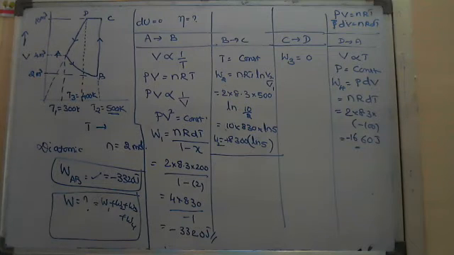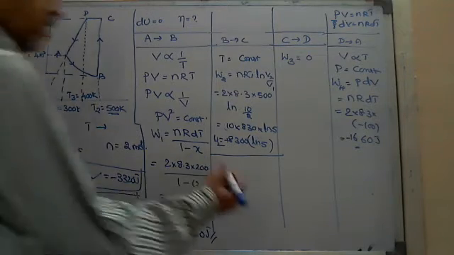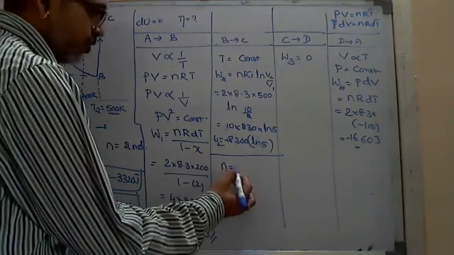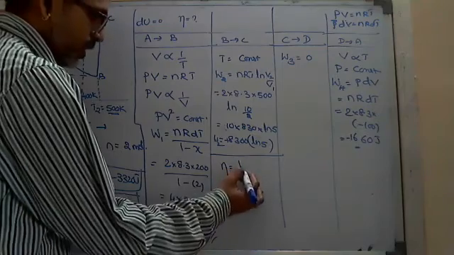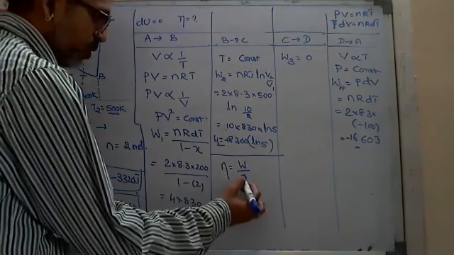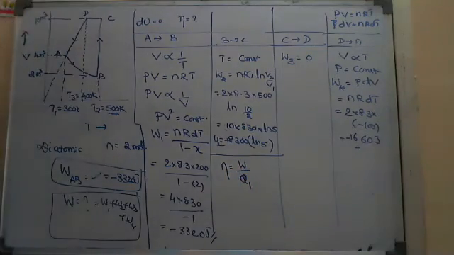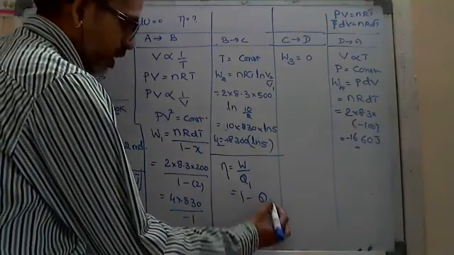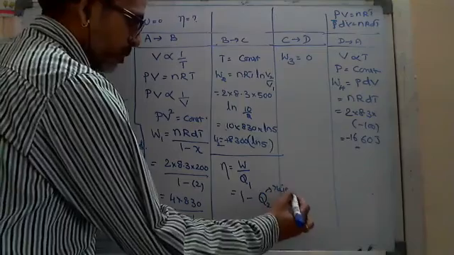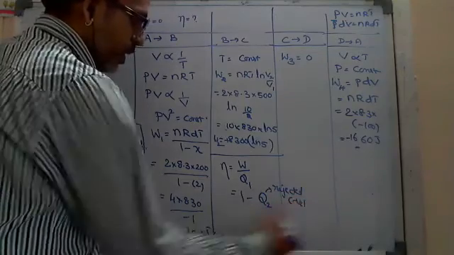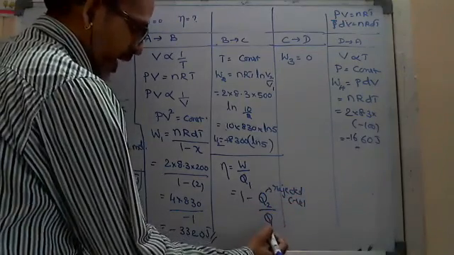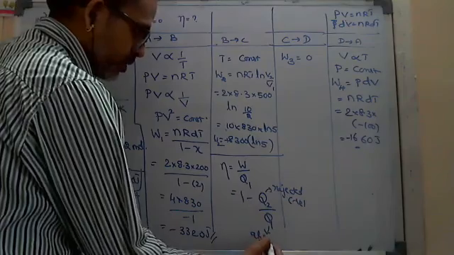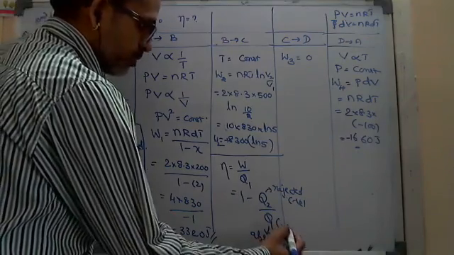So third part, we have to understand how to find the efficiency of a cycle. Okay. Efficiency here we have to calculate either using the total work done by amount of heat absorbed, or 1 minus amount of heat rejected, which is negative, divided by amount of heat absorbed, which is positive.